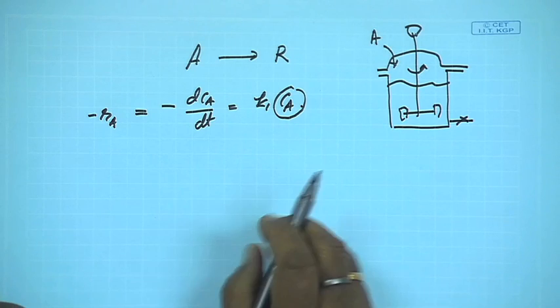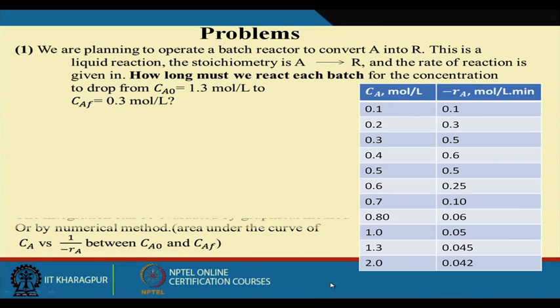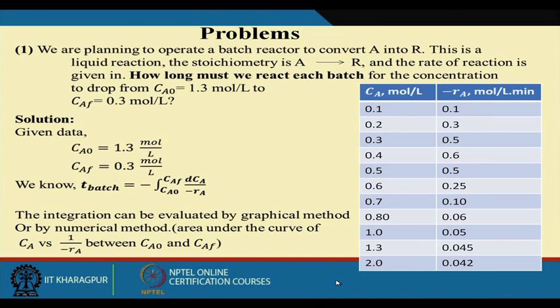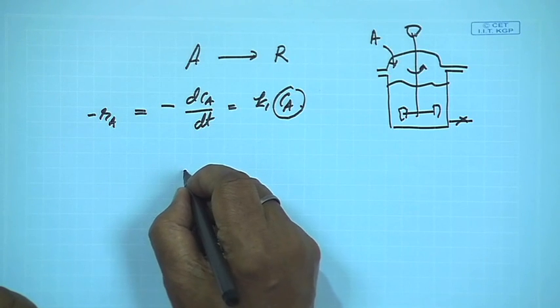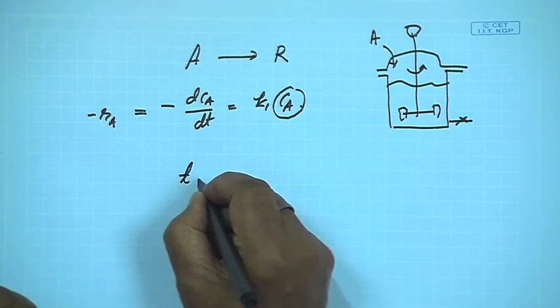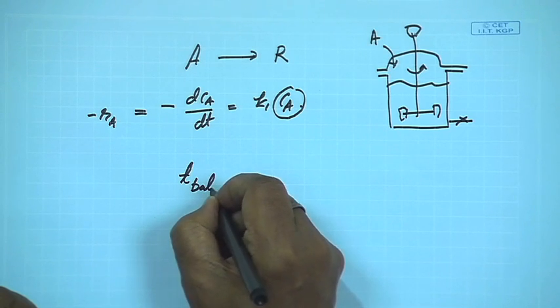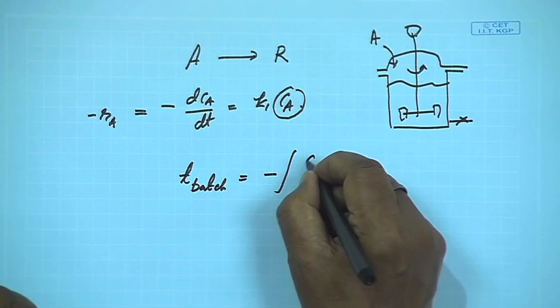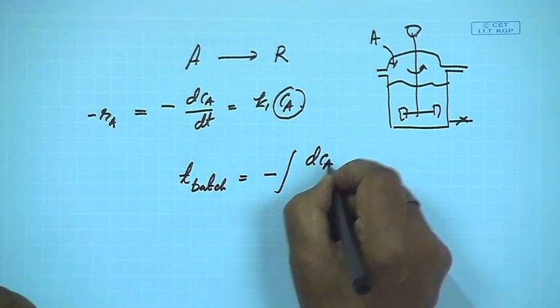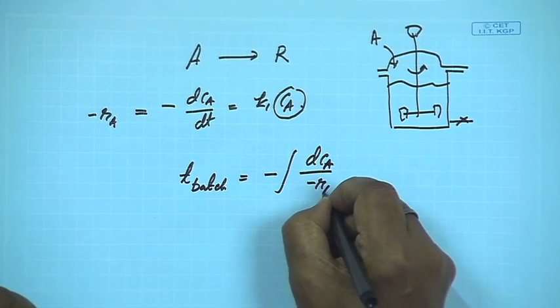What we have derived, we can remember: T batch is equal to the integral of dCA by minus Ra.